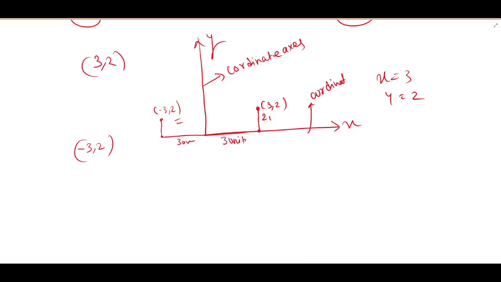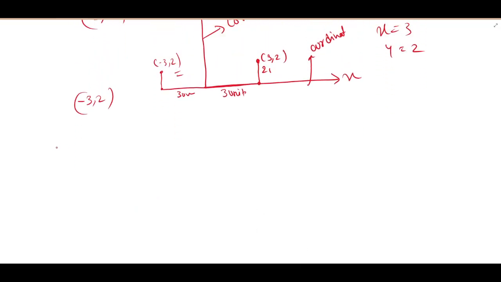But in practical life, we need 3 intersecting perpendicular planes to locate the position of a point.